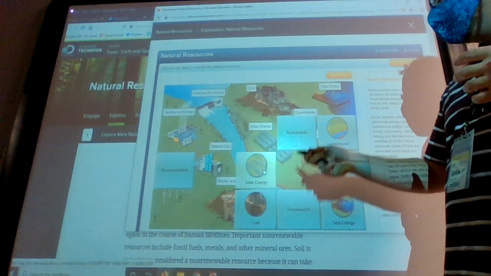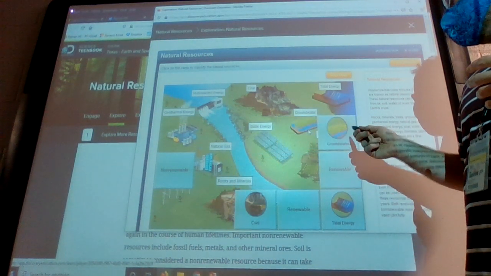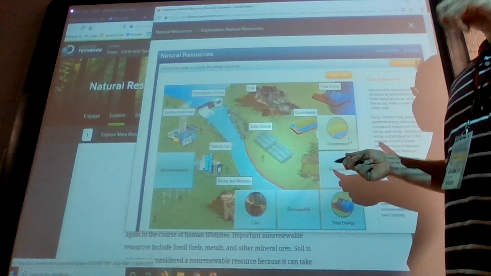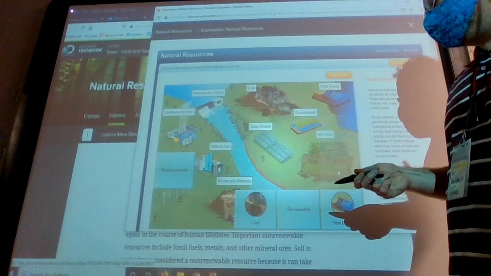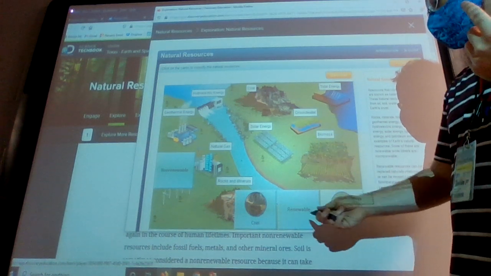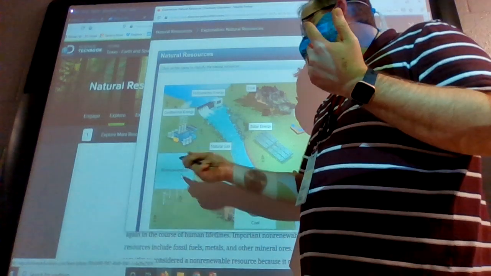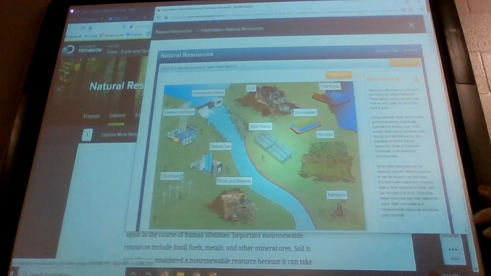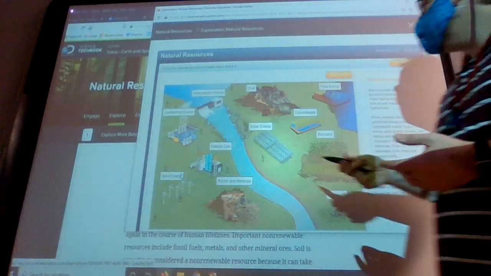Solar energy, renewable. Groundwater, renewable, but a little bit less renewable than other stuff. If you drain too much groundwater, it'll take a while to get back. Tidal energy, renewable. Coal, non-renewable. Wonderful. And then they reveal the entire map behind here, which kind of goes over each one.